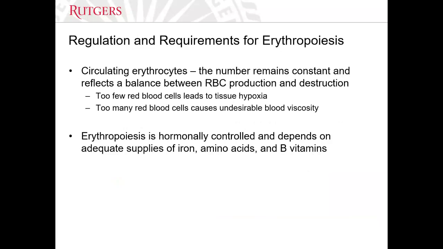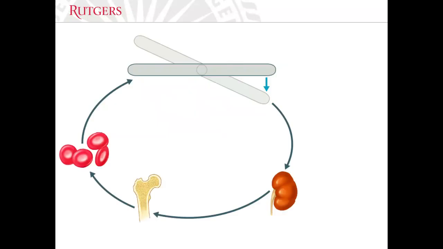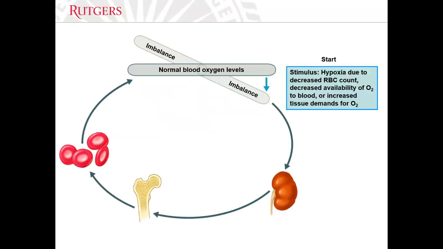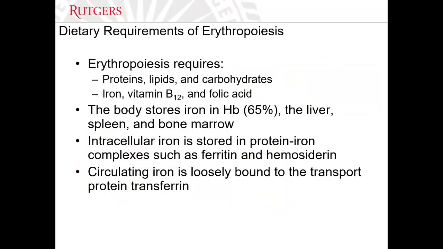What are the consequences of having an imbalance in the production or in the destruction of the erythrocytes? Know that it's under hormonal control. When you have an imbalance in the oxygen level, what happens in terms of stimulating the kidney to produce the erythropoietin that stimulates the bone marrow to enhance the production of the RBCs.